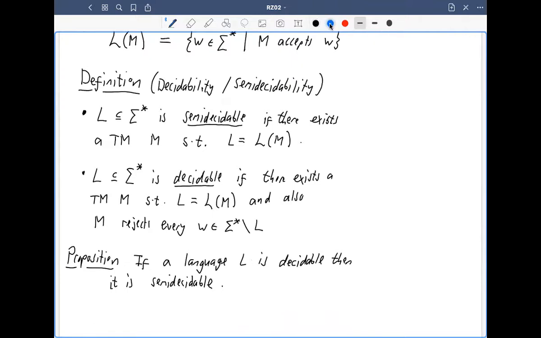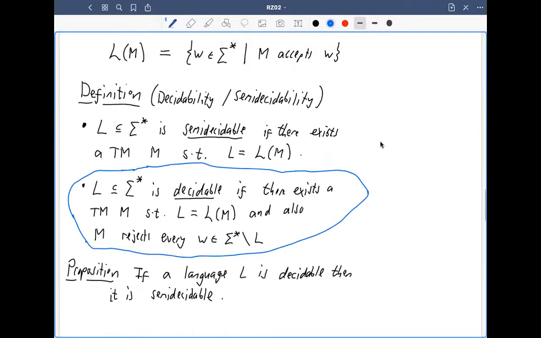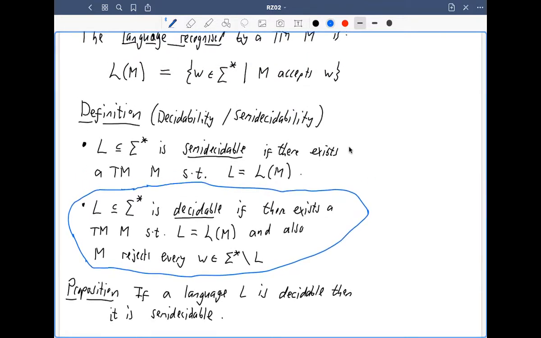So it turns out that not every language can be recognized by a Turing machine. And even for those languages that can be recognized by a Turing machine, not every language can be recognized in such a way that we're guaranteed to get an accept or reject answer. The most famous such language is what's called the halting problem.